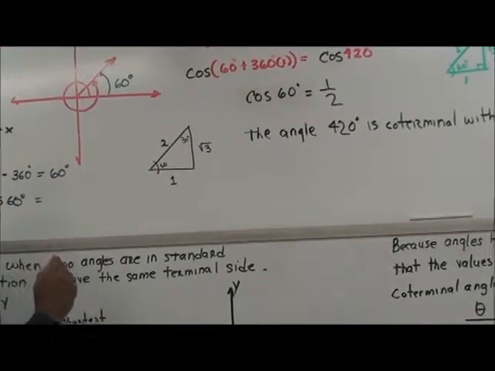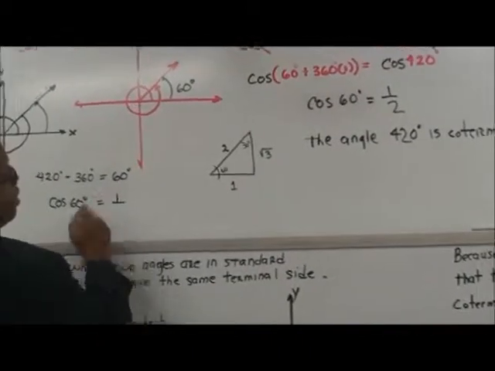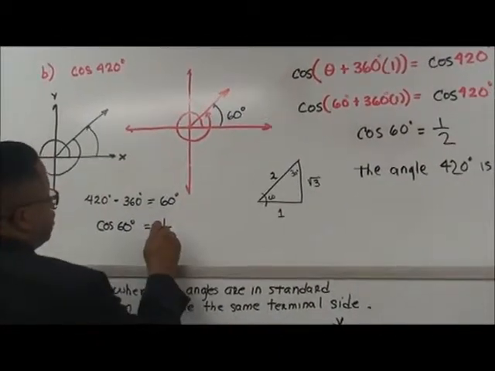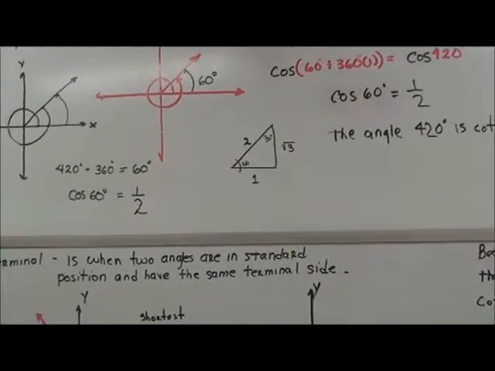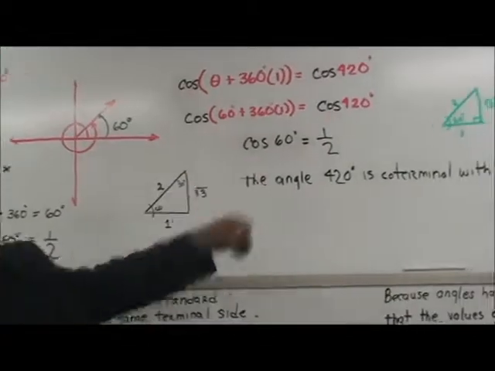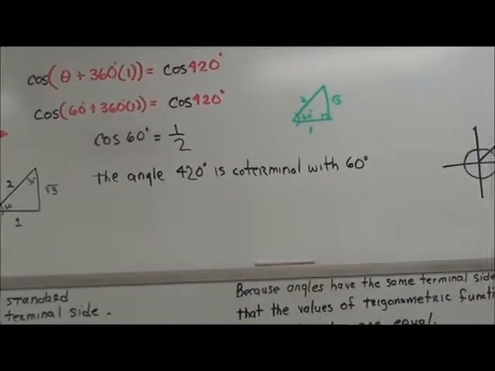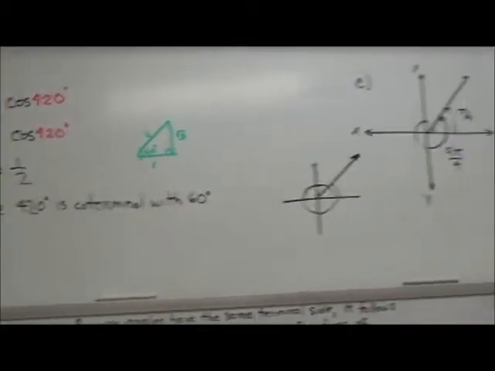So the adjacent side will be what? The adjacent side will be 1 over the hypotenuse, which is 2. So cosine 60 is equal to 1/2, just like so right here. We just did the problem.